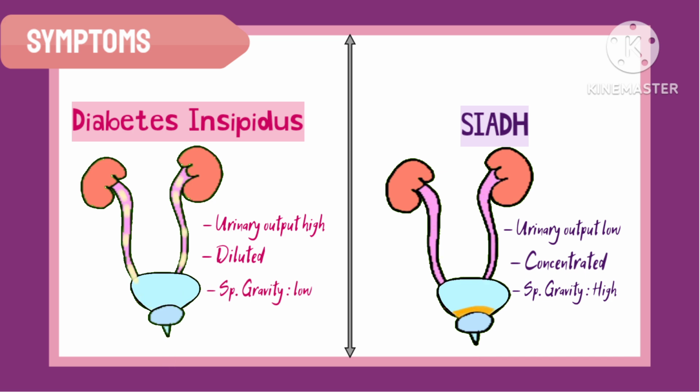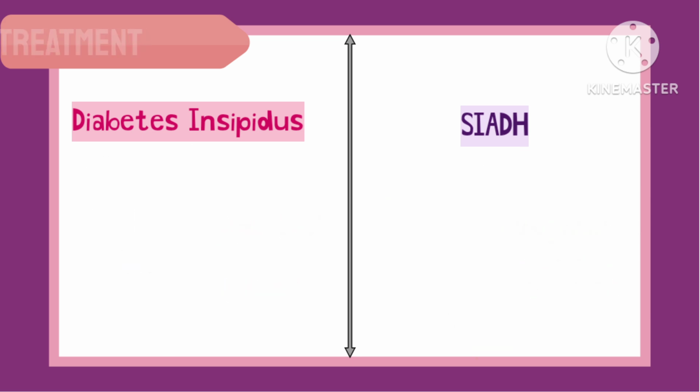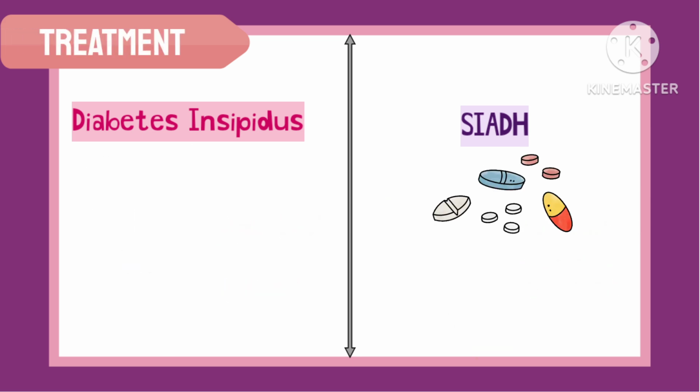So, we have high but diluted urine output with low specific gravity in diabetes insipidus and low concentrated urine output with high specific gravity. Coming to its treatment, SIADH is treated with fluid restrictions and correction of hyponatremia.